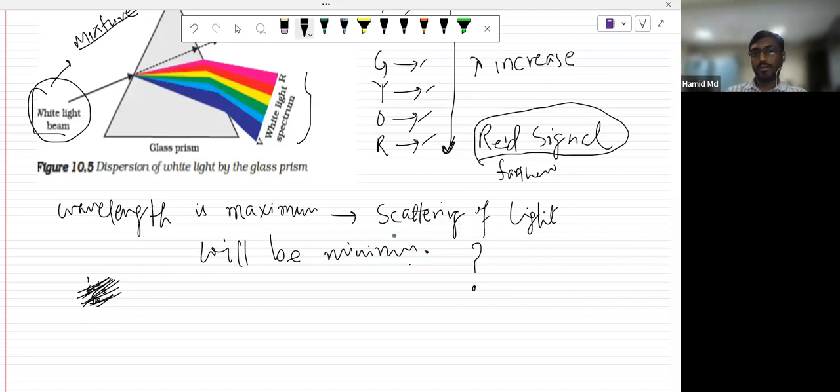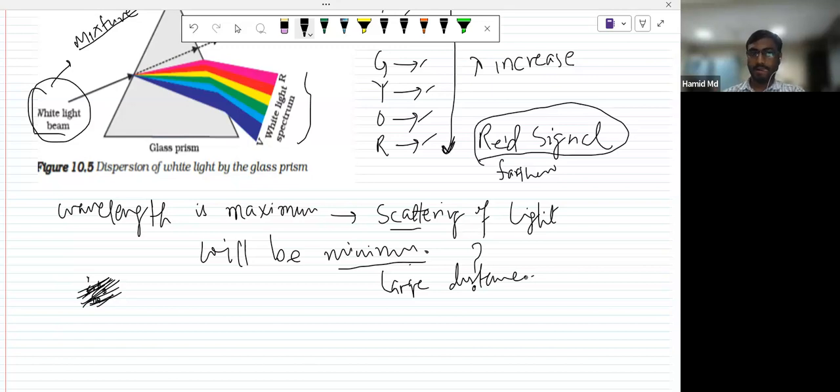So that's why there will be no scattering, and light can travel a large distance. Is everyone satisfied with this answer?